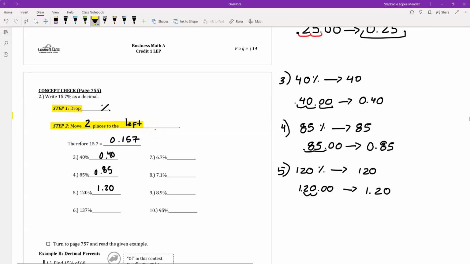Any number before 100 would need to have a 0 before the point. Okay, just remember that. Any number after 100 will obviously have another number before the point.